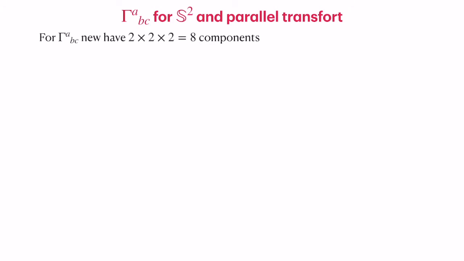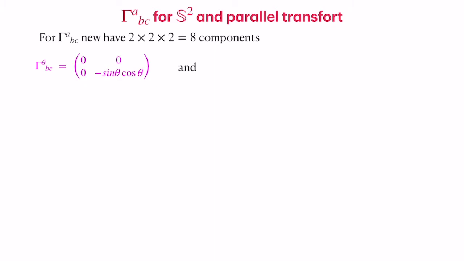Let's see how many gammas we should have. In two dimensions, each coordinate goes over 2, and there are 3 indices, so that means 2 into 2 into 2. There are a total of 8 components. So the best way is representing them in terms of two matrices. One we call gamma theta bc, where b and c go from 1 to 2, and then you have a 2 cross 2 matrix.